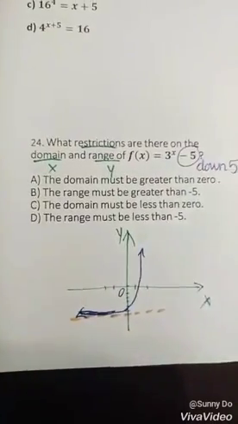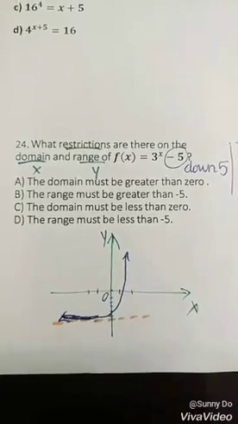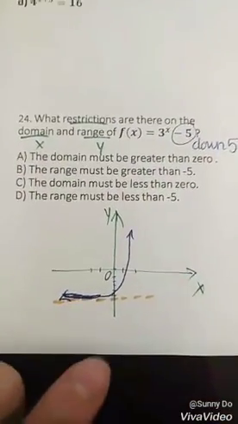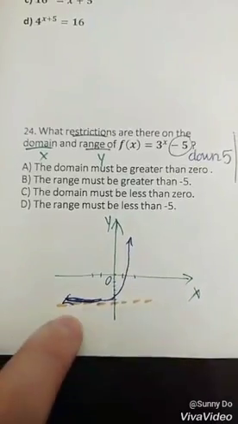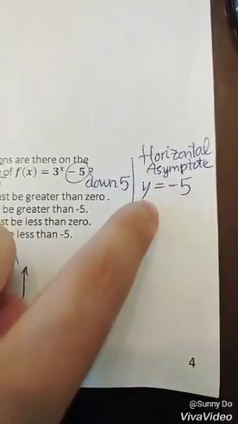The next question is, what restrictions are there on the domain and range of f of x equals 3 to the power of x minus 5? So we have the graph right here. It's matching with our graph in the calculator. So you can see this one, it doesn't have log, so it has a horizontal asymptote. Since this one translates down 5, so the asymptote will be negative 5.